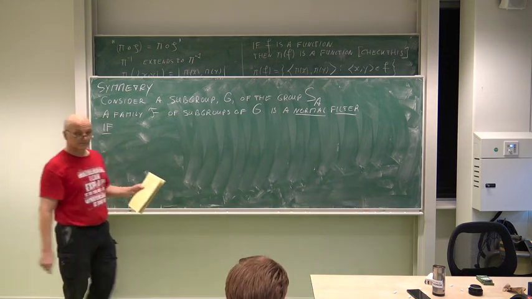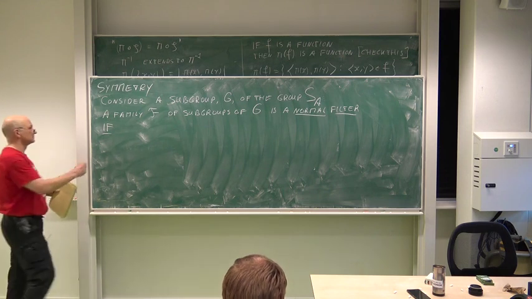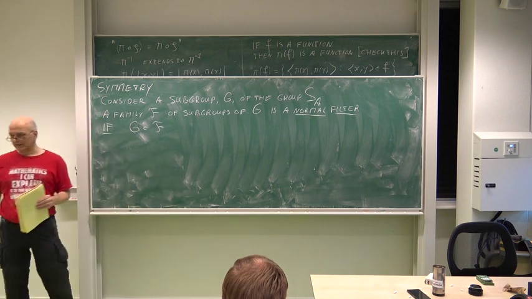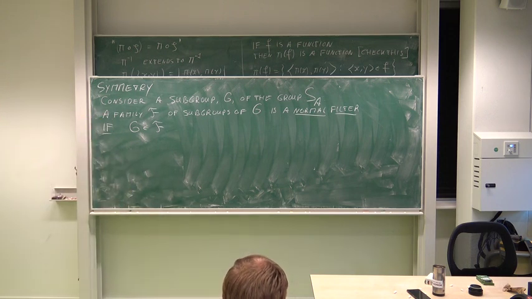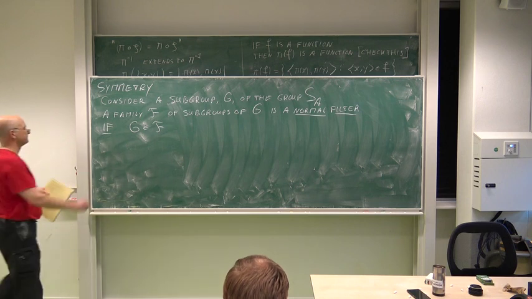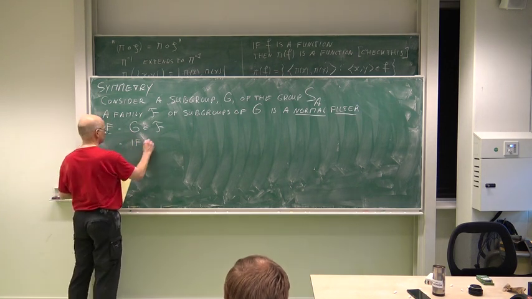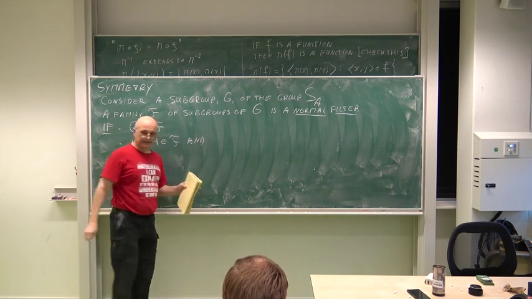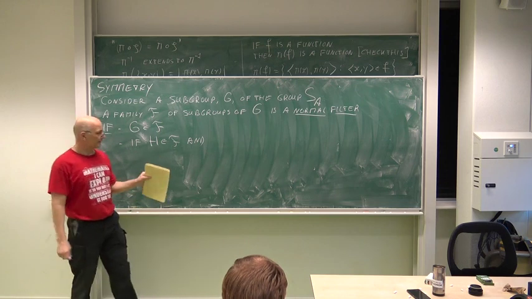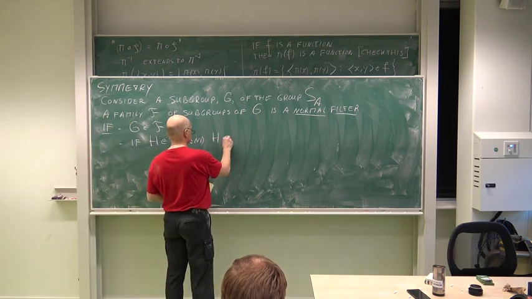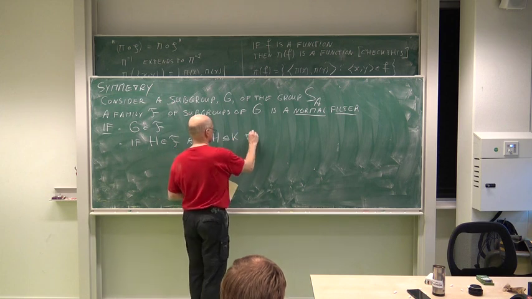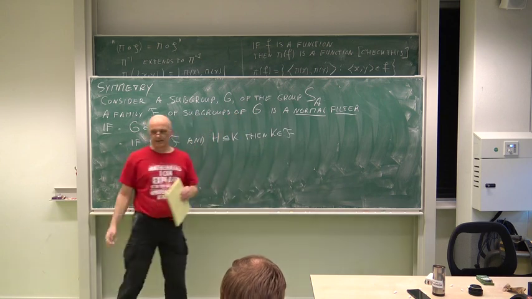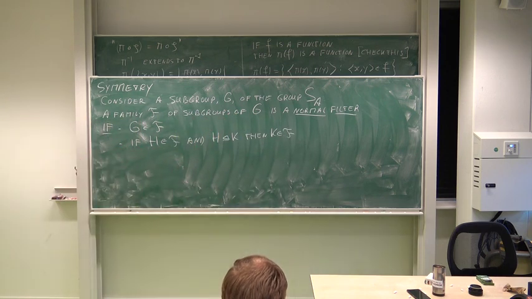Okay, first we get the filter axioms. If you know what they are, you will recognize them. If not, here they are. Okay, and now I'm going to regret my K for the kernel, but it's about the only time I use K for a subgroup anyway.